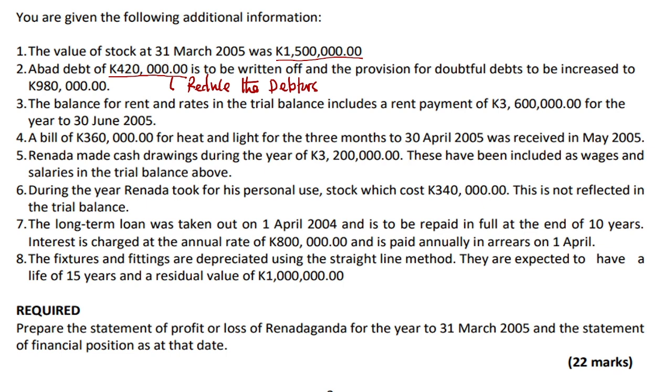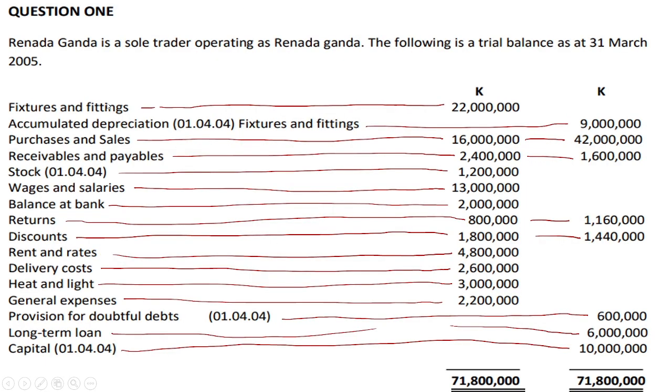Then take note also, these ones you have written them off because they're not going to pay. The question continues to say the provisions for doubtful debts was increased to this. Now, apart from these bad debts, there are also others that you may doubt of paying. Remember, in our trial balance, we had a 600,000 for those people.